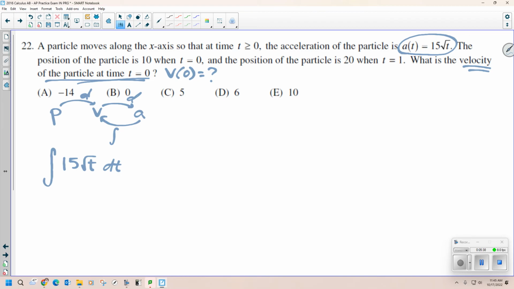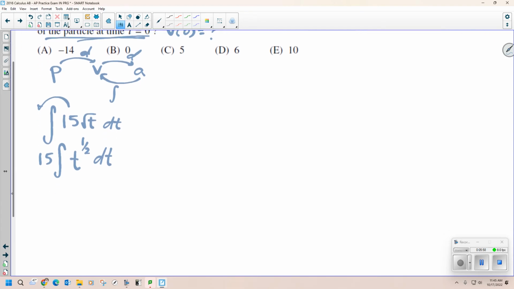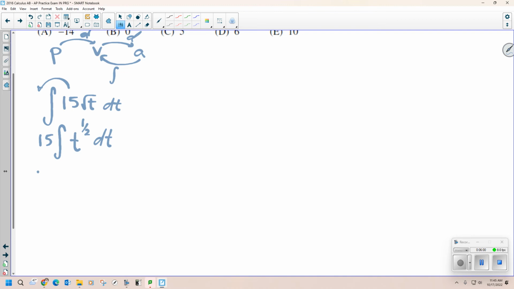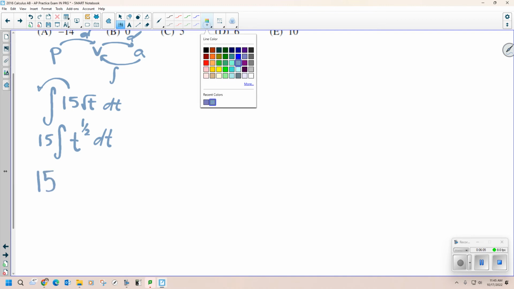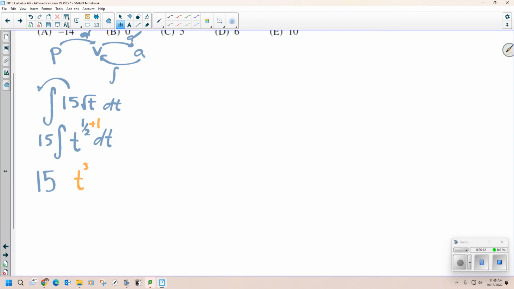All right, let's massage this a little bit. I'm going to bring the 15 on the outside. It's a constant. I love exponents, so I'm going to make the square root into an exponent of 1/2. Now this is a lot easier to integrate. I have my 15 on the outside. My 1/2, I've got to do this in the opposite order that I take the power rule. I'm going to add 1 to this first, so it becomes t to the 3/2.